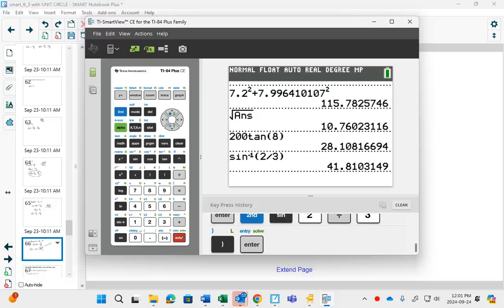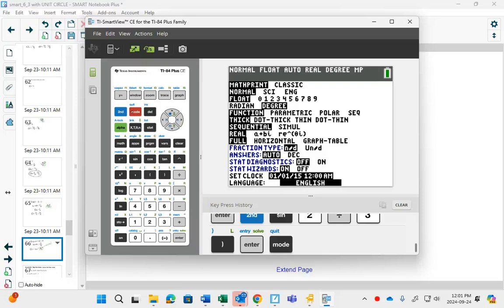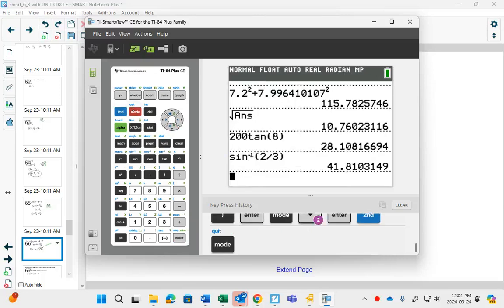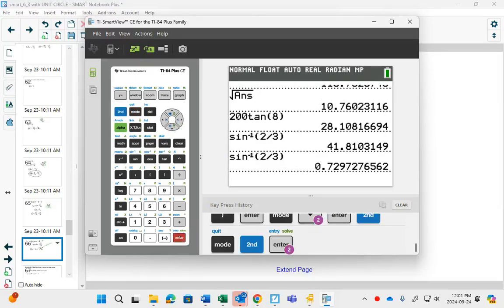But now we're in grade 12, it might be in radians. All we have to do is change our calculator to radians and type the same thing in, and it gives your answer in radians. So my reference angle would be 0.730.